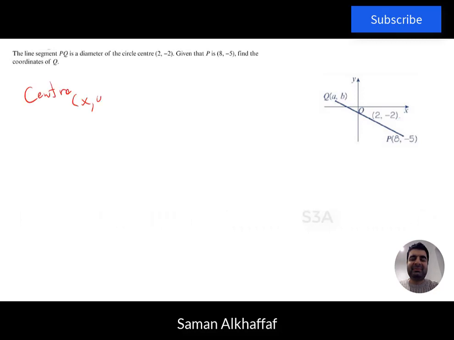So the center coordinates will be equivalent to x1 plus x2 over 2, y1 plus y2 over 2. So in this scenario, we'll try to plot the points, and also on the right hand side we have the points of the center.